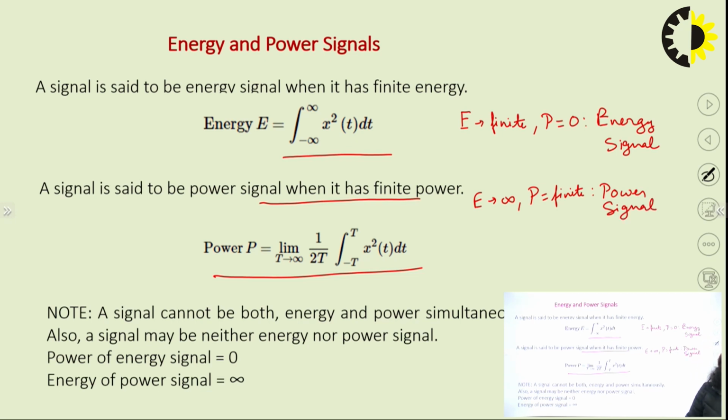And if both the energy and power are finite or both are infinite, then the signal can be neither energy nor power. We can also say that all periodic signals are power signals and all aperiodic signals are energy signals.